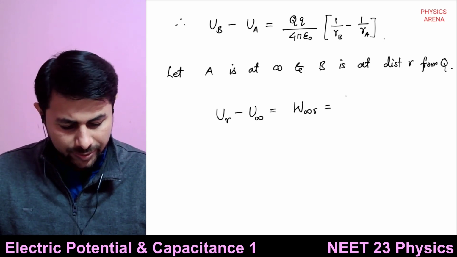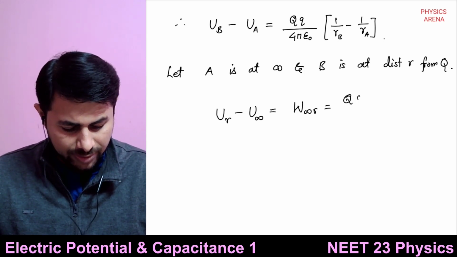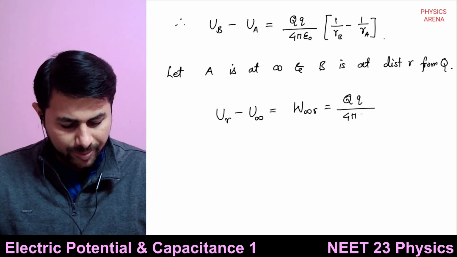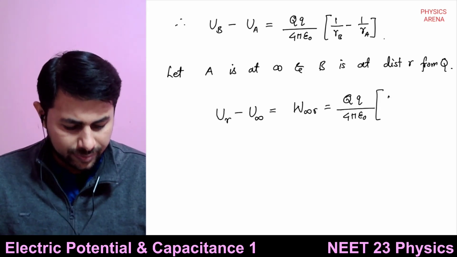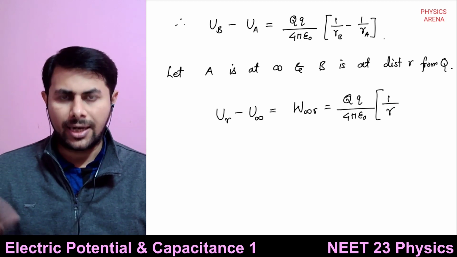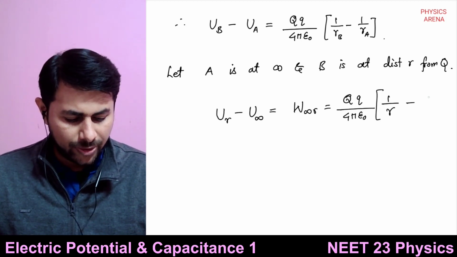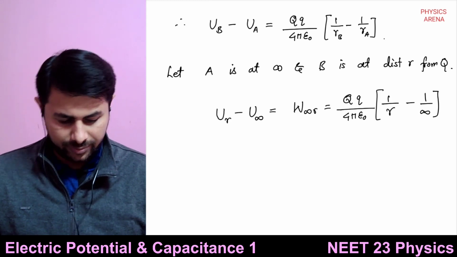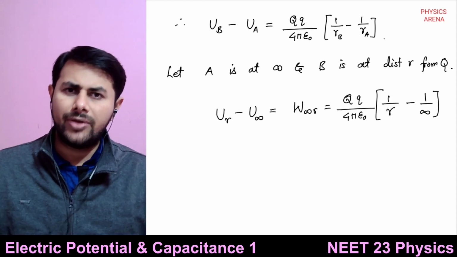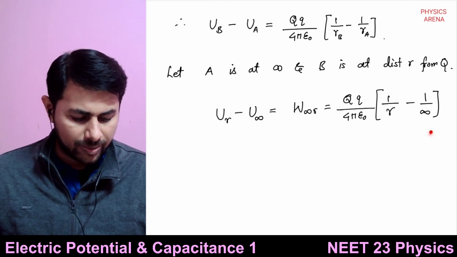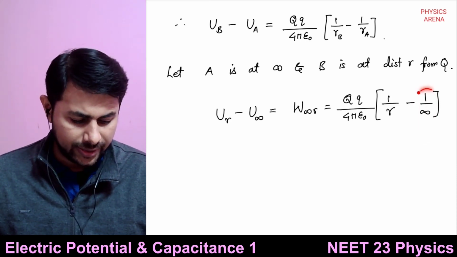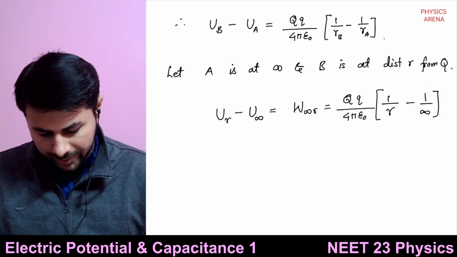So it will be equal to q times Q divided by 4 pi epsilon naught, 1 upon Rb, where the final point is at distance r, minus 1 upon Ra. So it is 1 divided by infinity, which means 1 divided by a very large distance. So this thing will approach 0. Okay, this thing is 0, right?